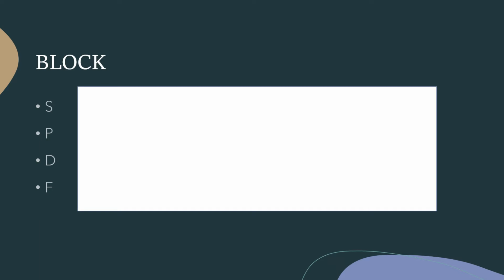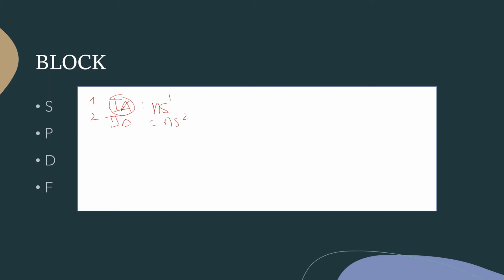Then we can classify or divide the elements into blocks. Block S is for group 1 or 1A, with the electronic configuration ending in ns1, and then group 2 or 2A, alkaline earth, ending in ns2.